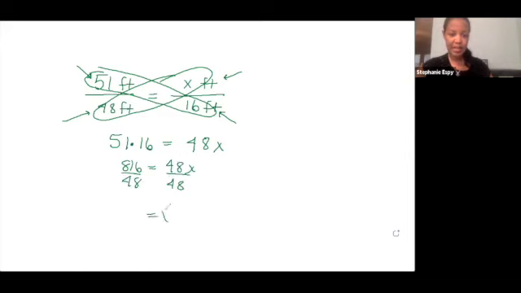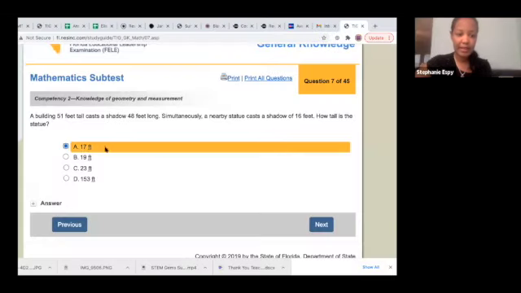And you'll get that the building is 816 divided by 48, which is 17. And this was in feet. So setting up a proportion for this one gives us 17. So then we go back to the question here and we choose A.